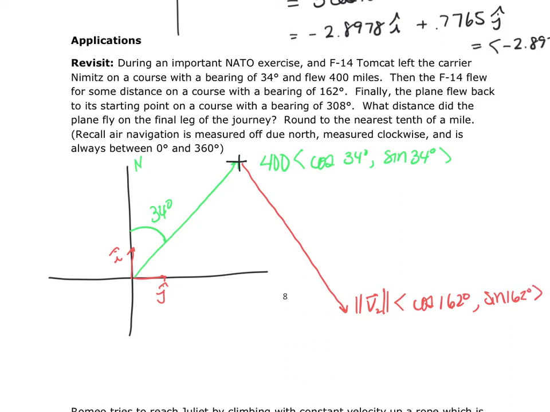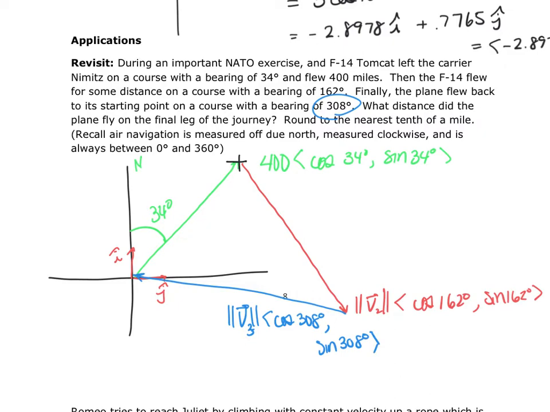And then I'm going to have my last piece, which I come on back this way, and then it's going to have some magnitude, and we're calling it V3 magnitude. And it's going to be the cosine of the 308, because I'm doing everything off of the north, and then it's going to be the sine of 308 degrees.